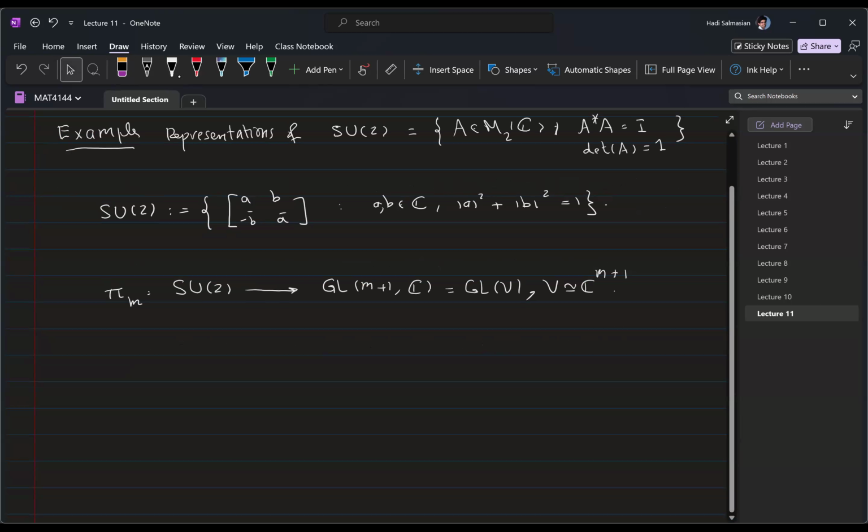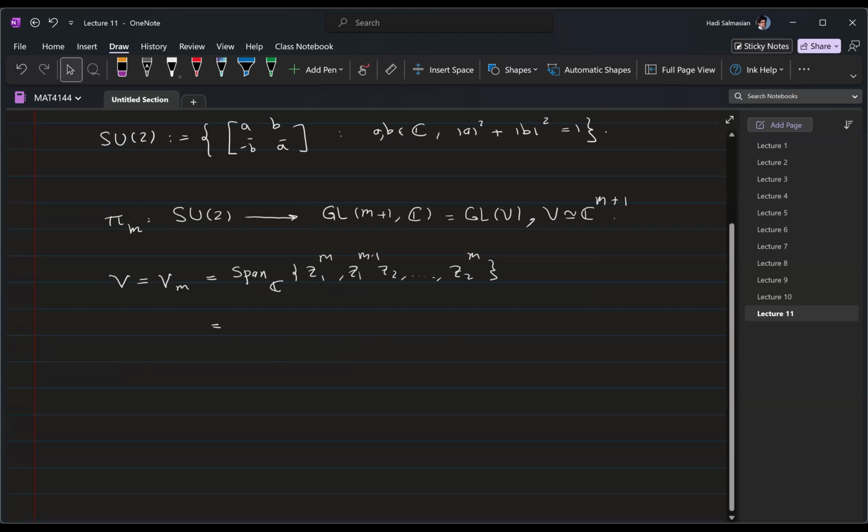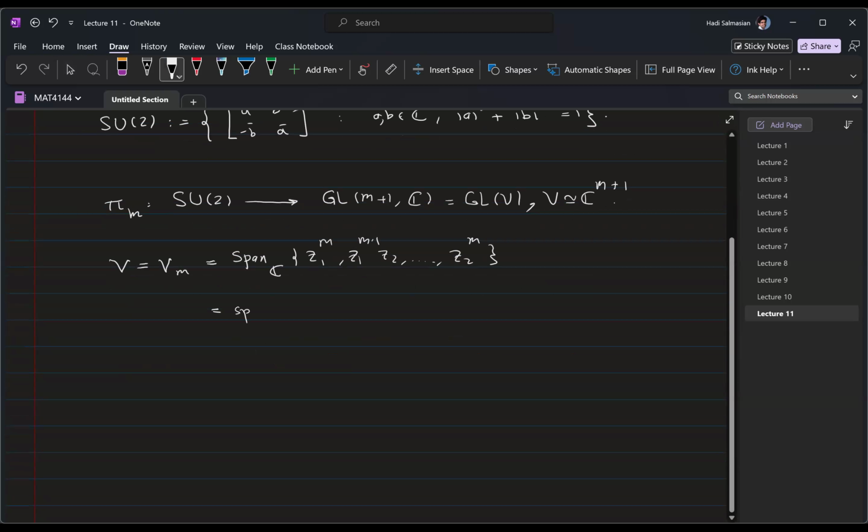So this V, which I also call V_m, is basically the span over C of these monomials: Z1 to the m, Z1 to the m minus 1 times Z2, up to Z2 to the m.